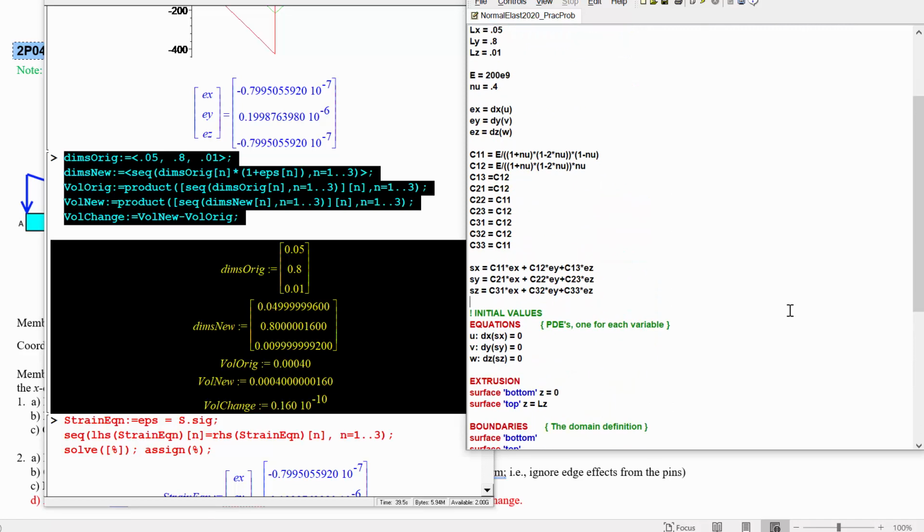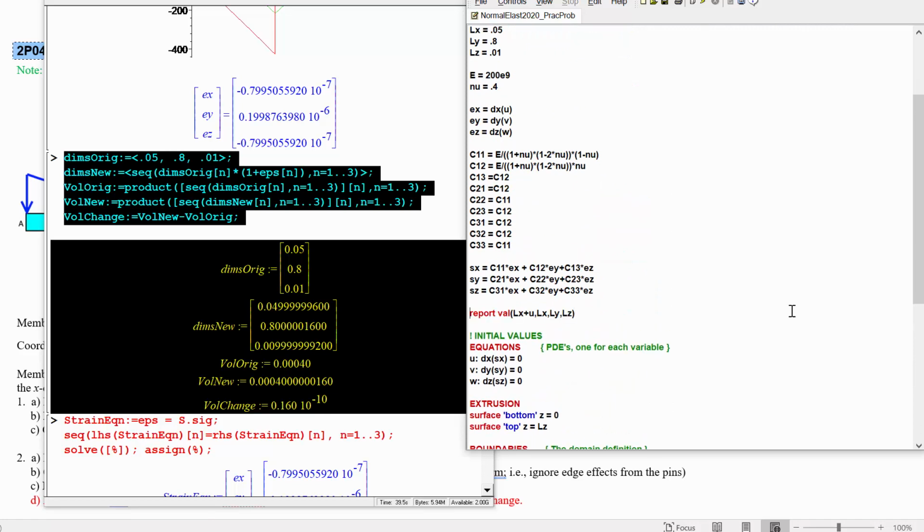Okay. So let's see. We can calculate what the volume change is. Considering all of this, we can take these expressions, and rather than writing them out down here, we can write them out in the definition section, anything that we want to use later. Rather than reporting it, we'll say that Lx new is equal to this.